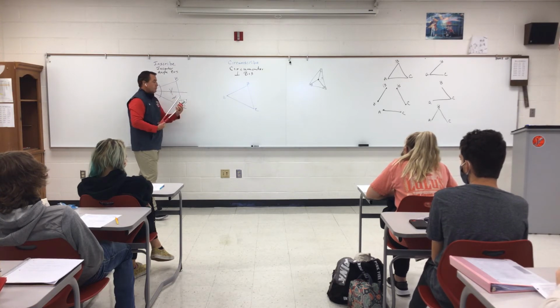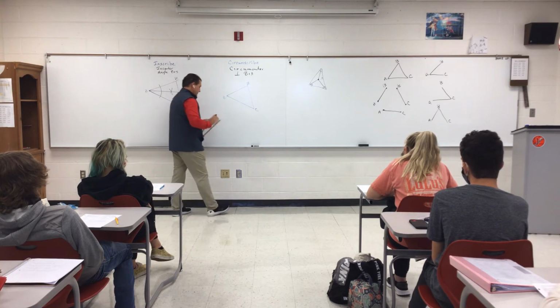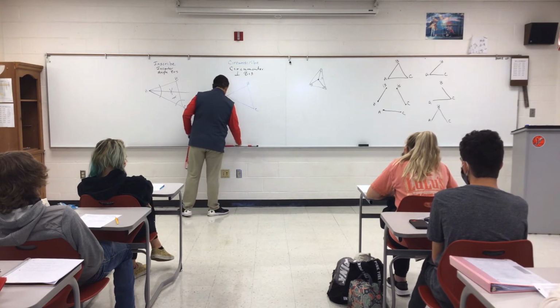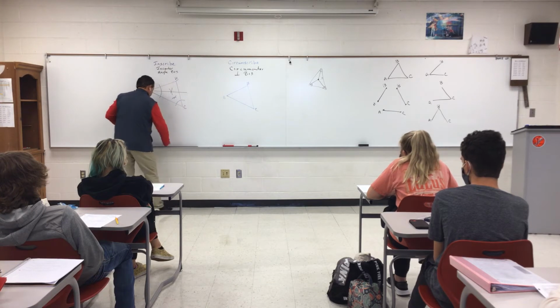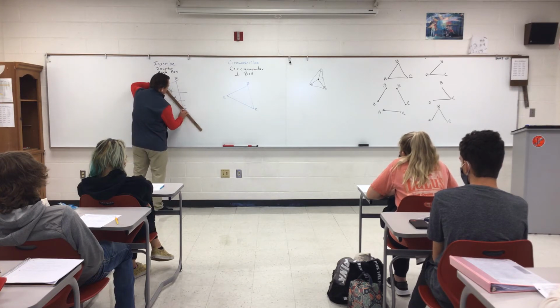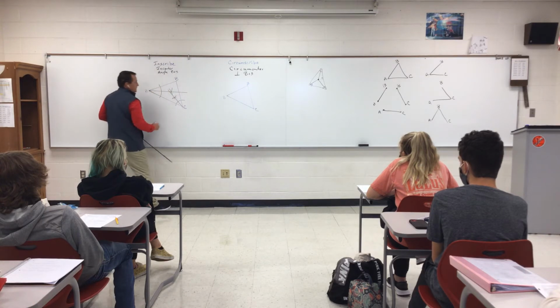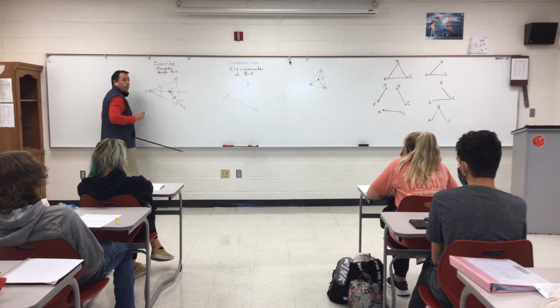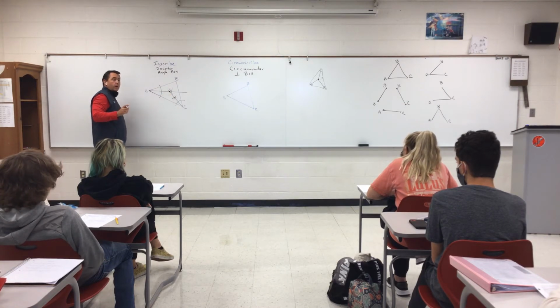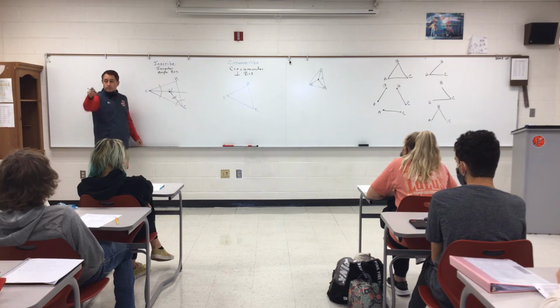That's in the middle. So I'm going to draw that one in. Okay, so I drew that one in, and met right there. So that point right there is what point? What would we call it? That is the incenter.